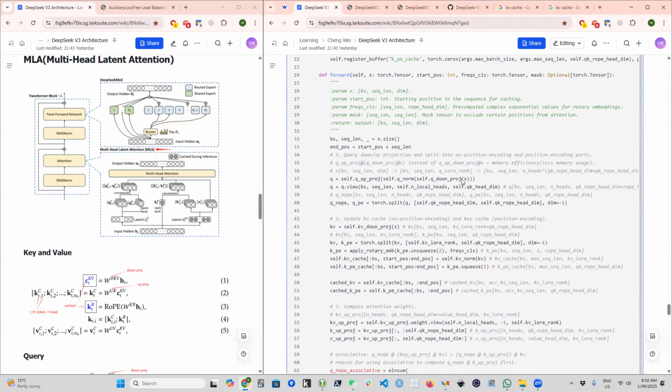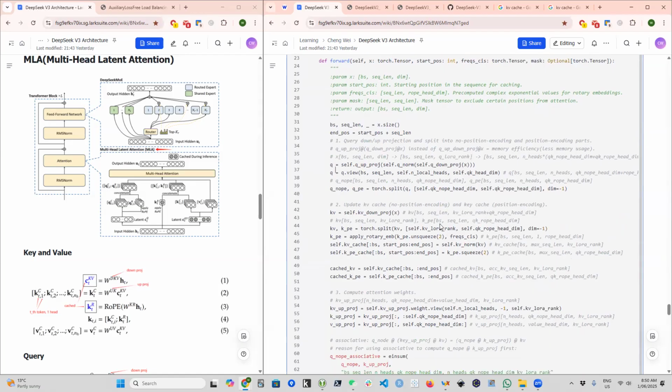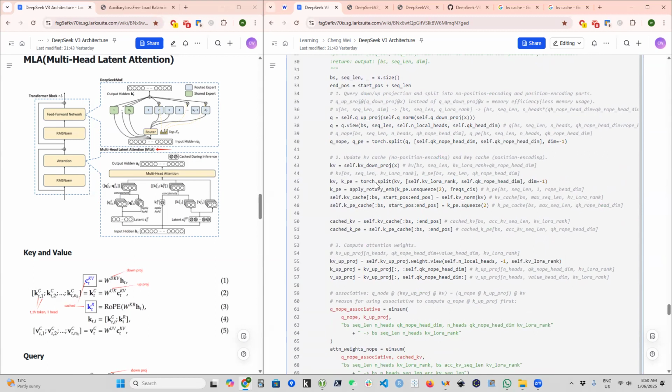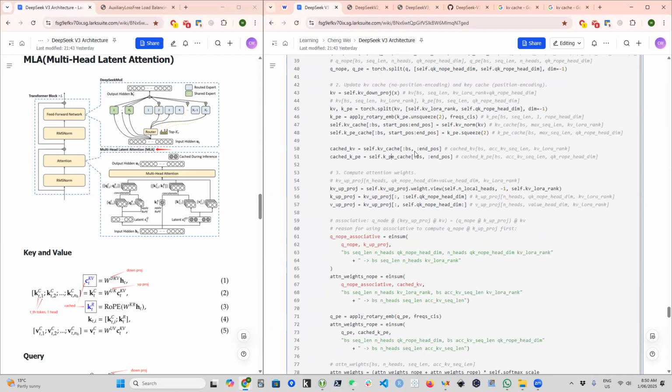So this is the same down project, up project, then rearrange split. And this part, we have a down project, apply, then put into a KV cache, and then get out from KV cache. But here you see, we are caching the down projection.